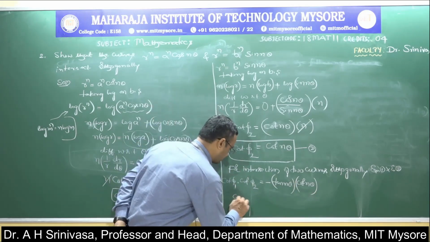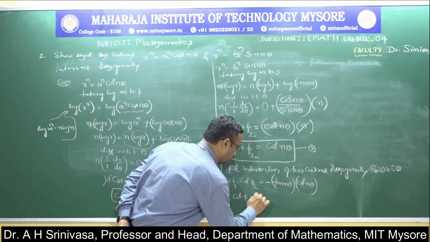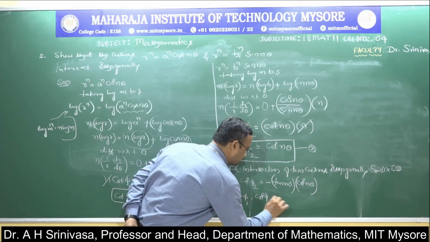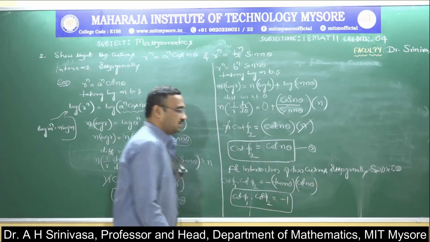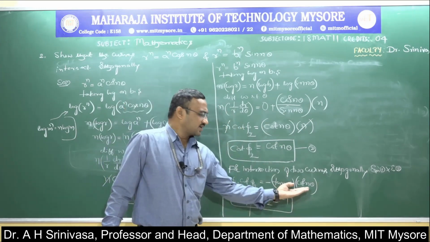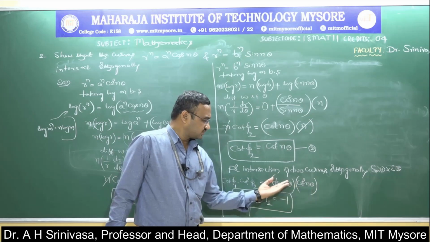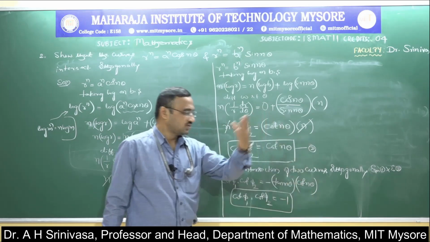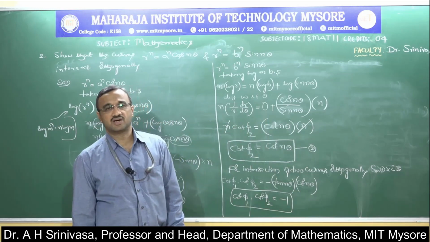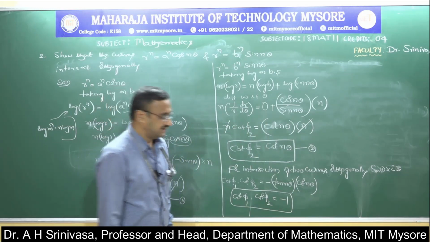Now use that here. Cot phi 1 into cot phi 2 should be equal to minus 1. If you cannot understand, you can write cot as 1 by tan, and by cancellation you also get minus 1. So, hence the two curves intersect orthogonally.